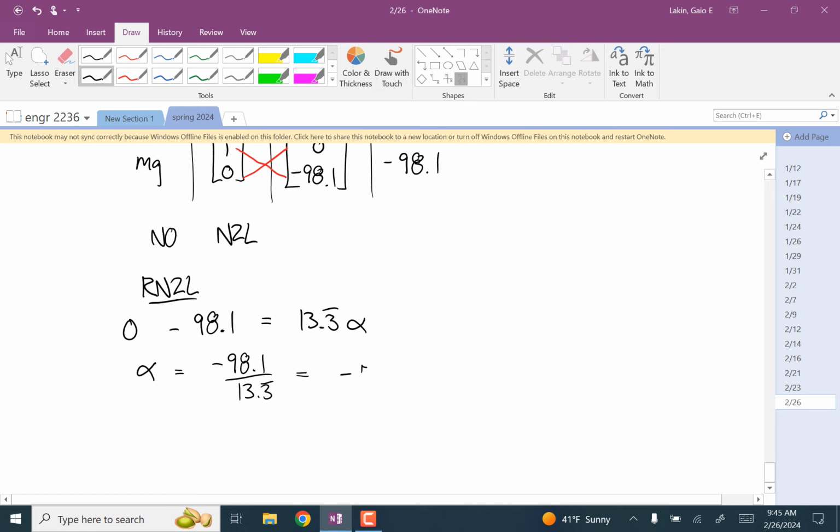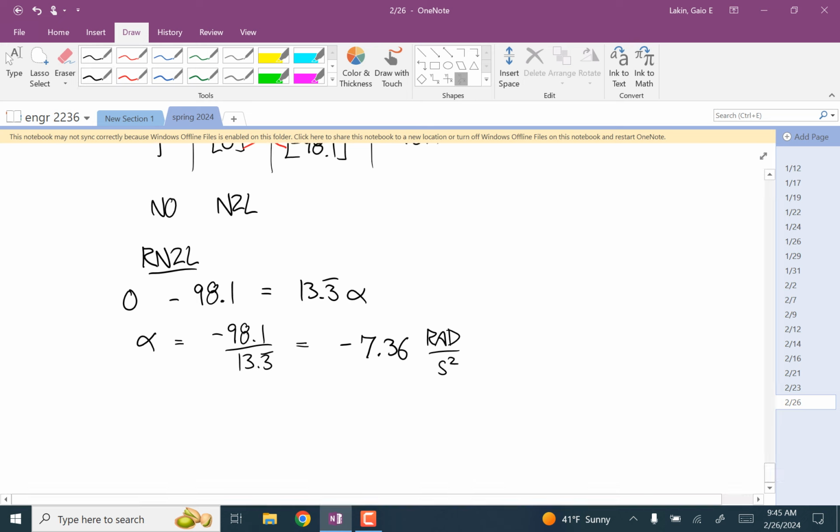So about negative 7.36 radians per second squared. And this would just be the Z component of the alpha vector? Yeah, that's right.